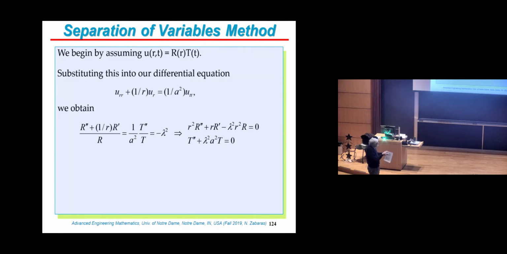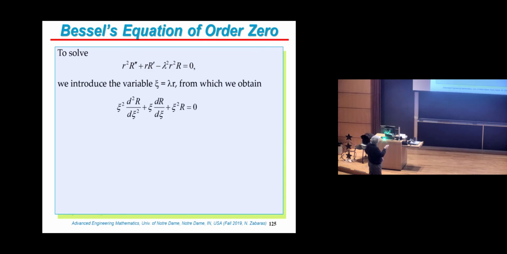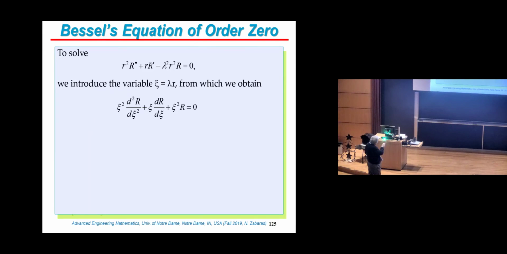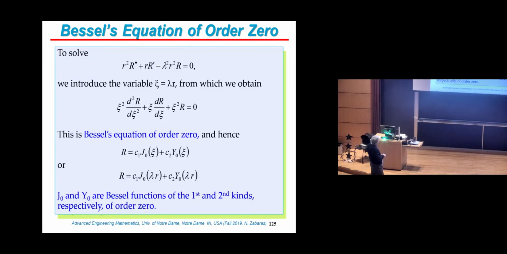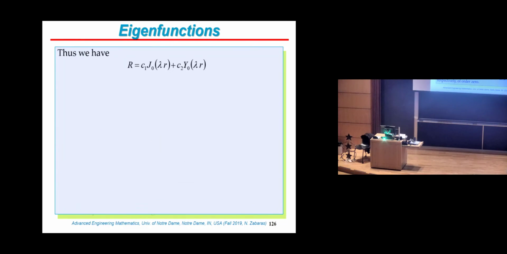It's a Bessel equation. It doesn't actually scream at you that I'm a Bessel equation, but if you do the transformation that we discussed before, if you change the variable from R to lambda times R, the equation becomes immediately a Bessel equation. And again, the same idea: you have a combination of the Bessel functions of order 0 of the first and second kind.